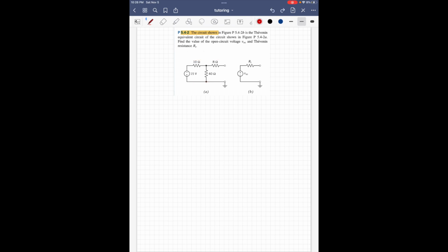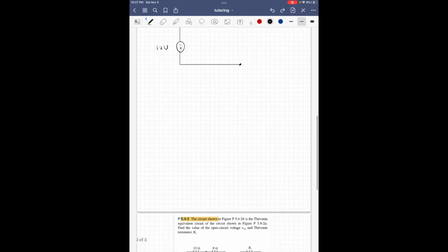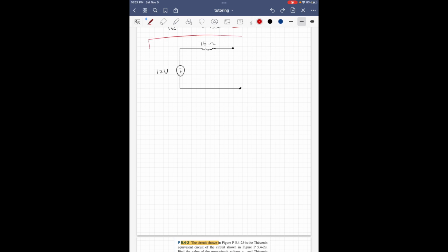So another way in which you could do this is by using transformations. I'm going to start using transformations from the left side of the circuit until I reach the terminals. Whatever voltage source and resistor I've simplified this portion of the circuit to is going to be my Thevenin equivalent circuit. And you're going to see that we get the exact same result as this circuit right here.